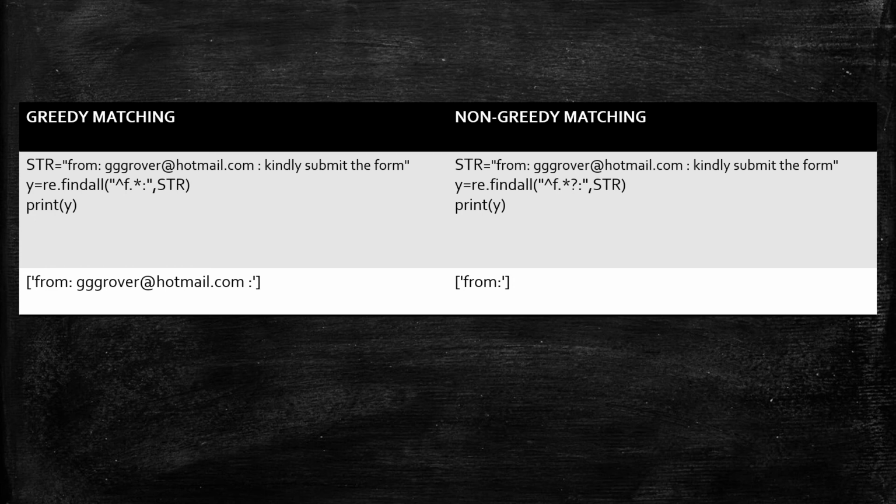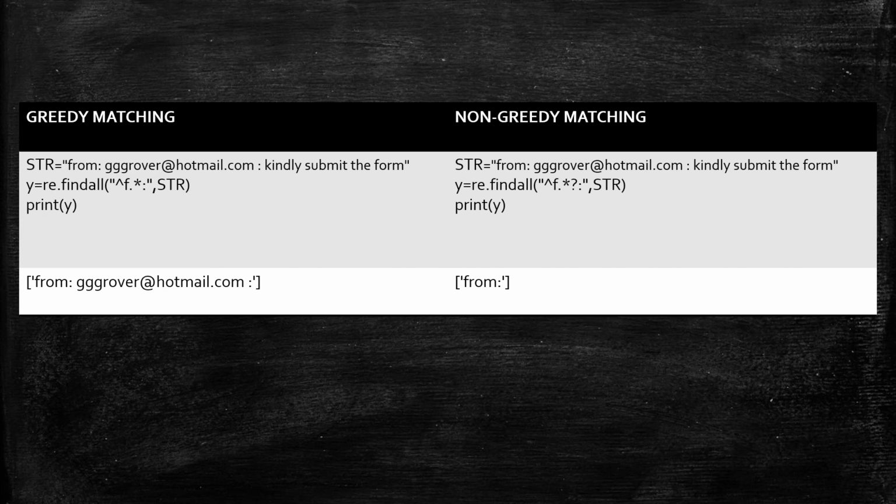If I see this output, I would get the output from colon GGROVER@hotmail.com and colon. So actually my search would stop at the second colon, not the first colon, because it's a greedy matching. That means it will try to extract the bigger string rather than the smaller string.